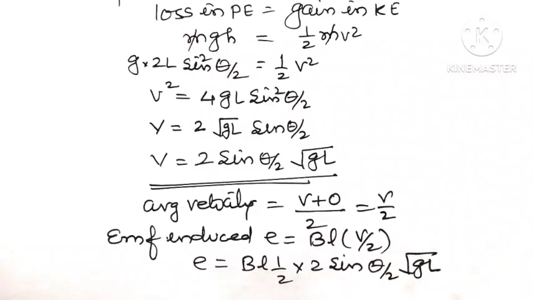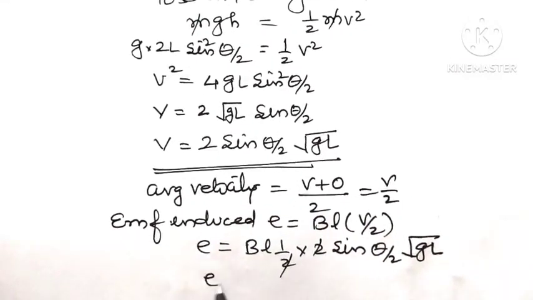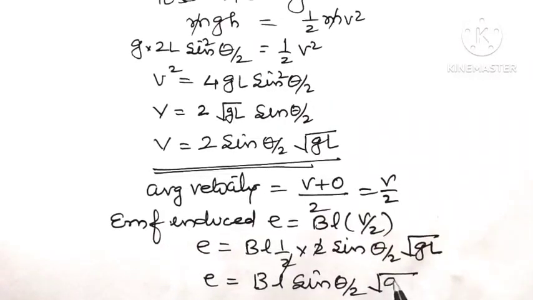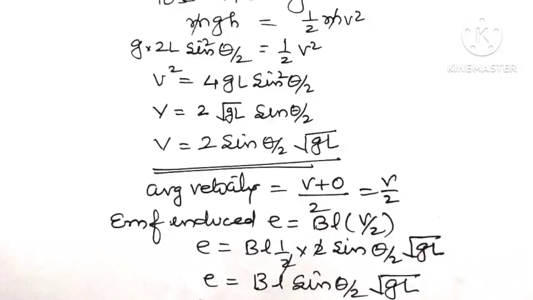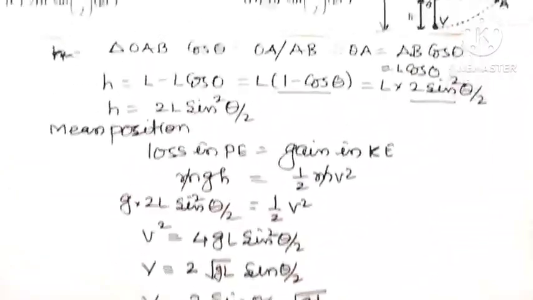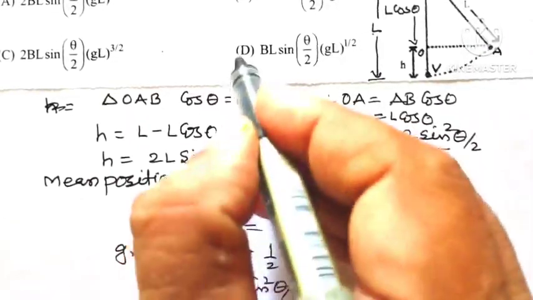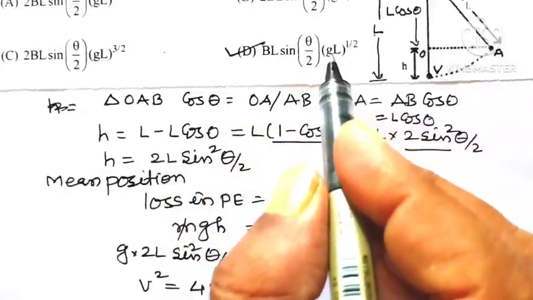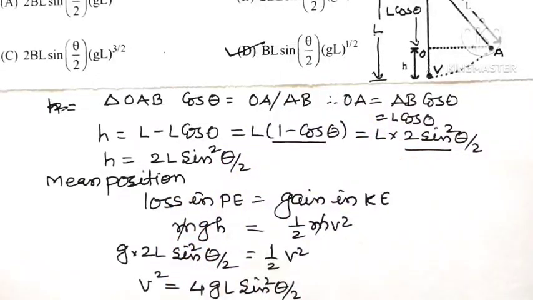The 2 cancels with 2, and finally E is equal to BL sin theta by 2 into root gL. Now look at option D: BL sin theta by 2 into gL raised to 1 by 2. So D is the correct option for this question.